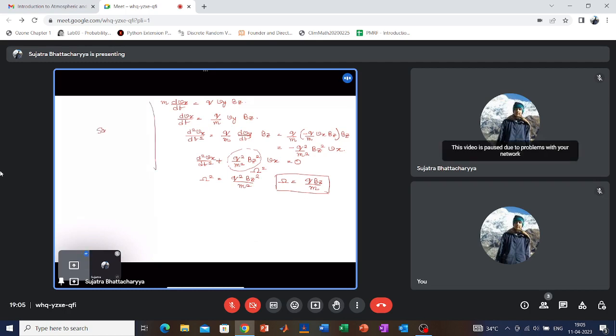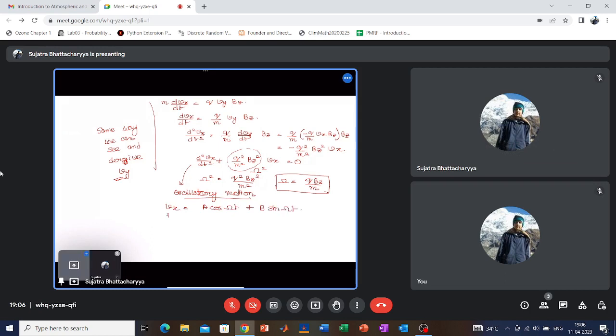In the same way we can derive Vy. So ultimately what we can see from this expression is that it represents some kind of an oscillatory motion. Right? Therefore Vx can be written as A cos omega t plus, the general solution, B sine omega t.